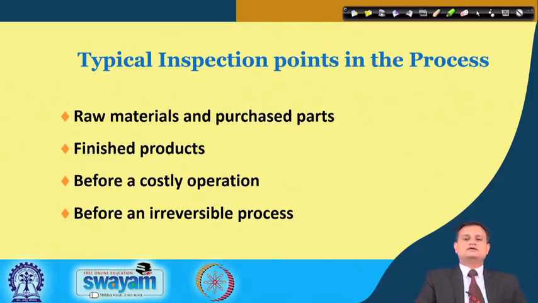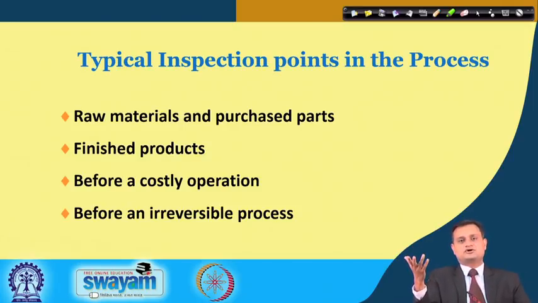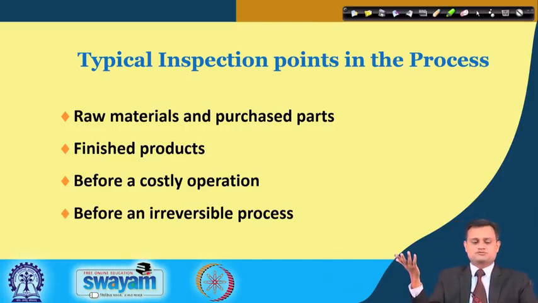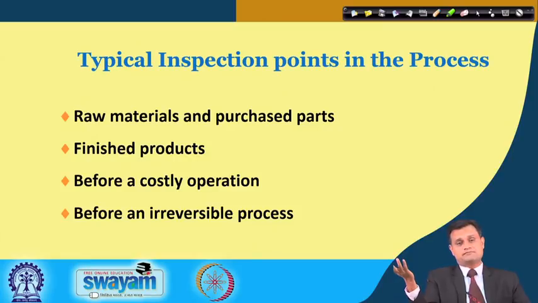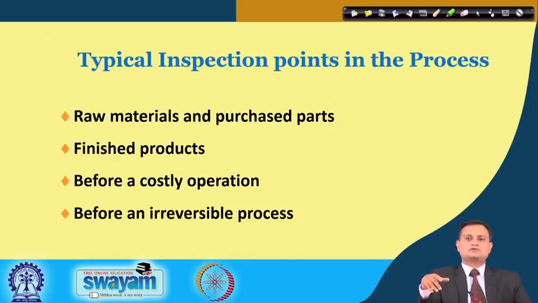And there could be a couple of typical points where you would like to employ the acceptance sampling plan or the inspection level as desired. So it may be raw materials and purchased parts coming to your processes. If there is some bad quality, that will have a significant impact on the quality of your final product, and your processes will also not be able to accept such variation. Finished products before a costly operation, because your entire value will be lost if your input material is not good, then before an irreversible process.